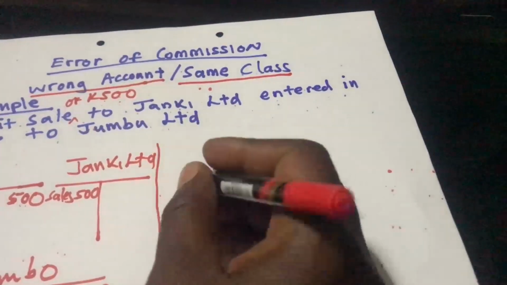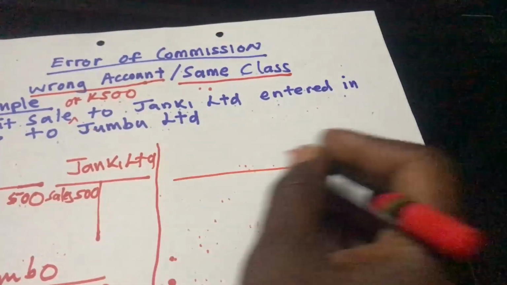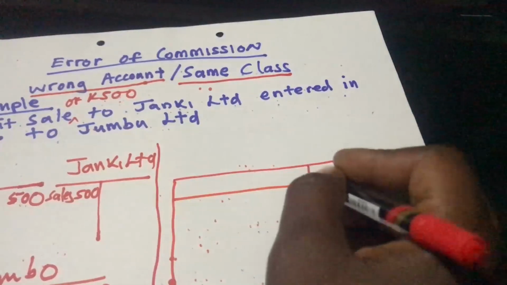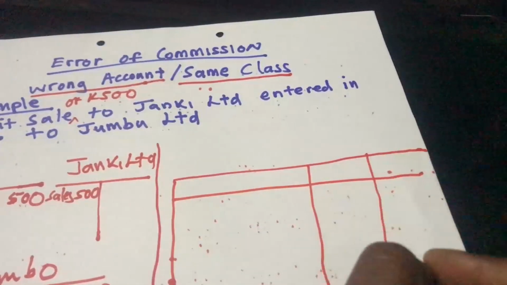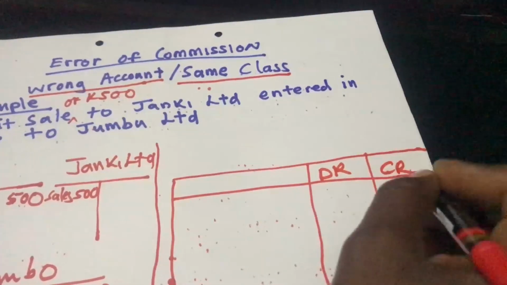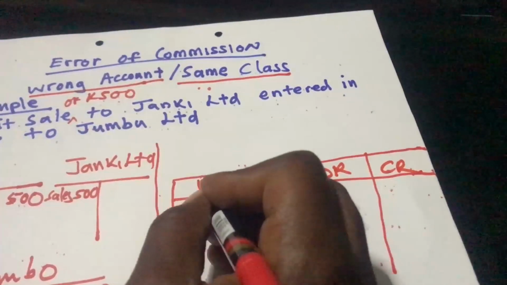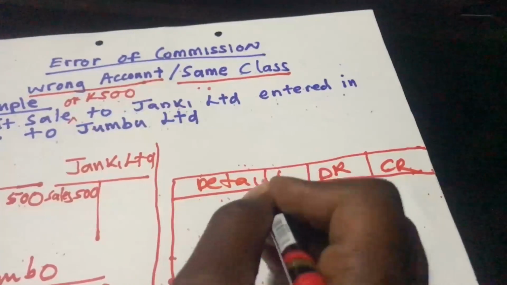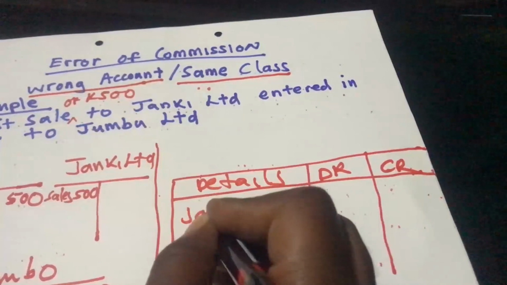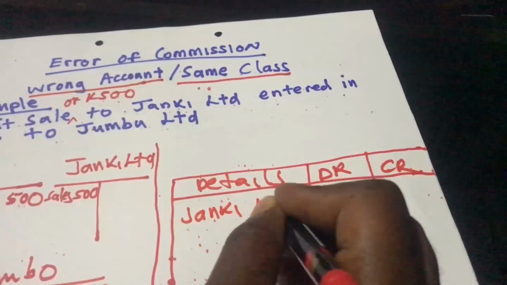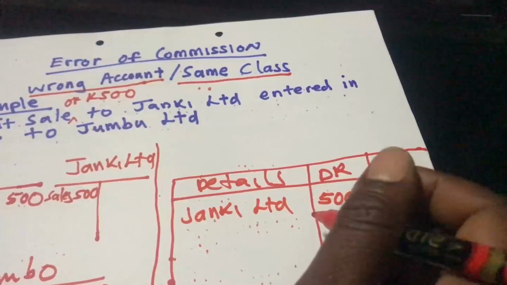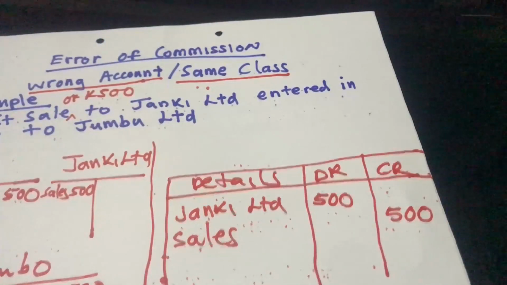So what you write in the journal proper, in the journal, what you are going to write are the correct entries, isn't it? So you have your debit, you've got your credit there, and then you have got your details here. So like I said, you always start with the debit, isn't it? So you are going to say Junkie Limited 500 error. So this is the error of commission.